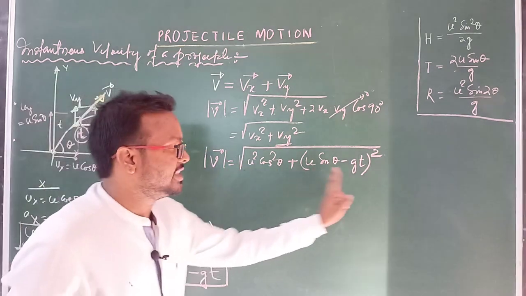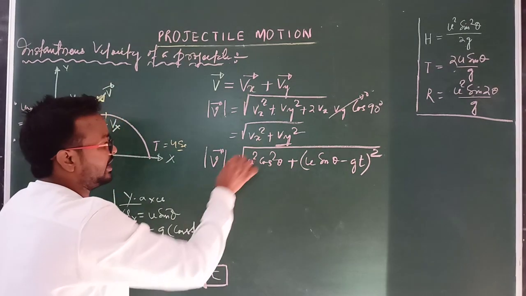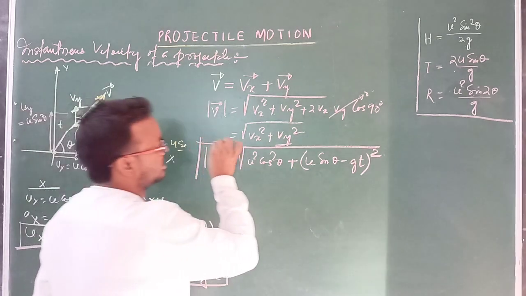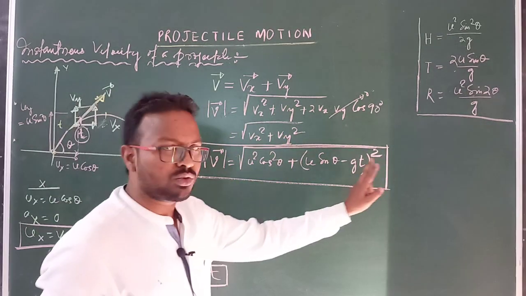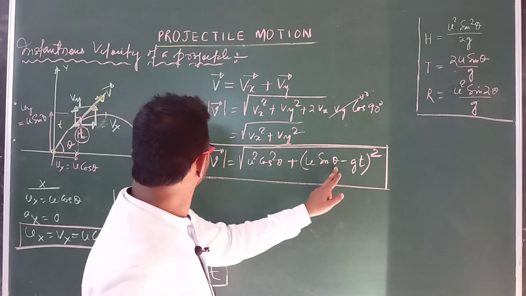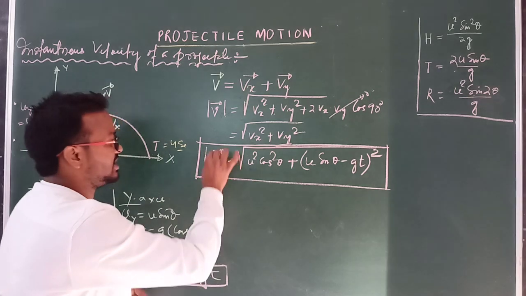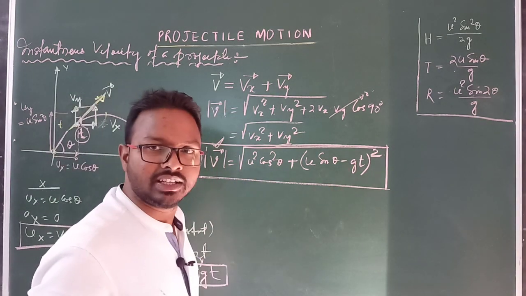You can solve this relation, and then you will get the instantaneous velocity expression. If we use time t equal to 1 and the projection angle and initial velocity, you can find the instantaneous velocity at a particular instant of time.